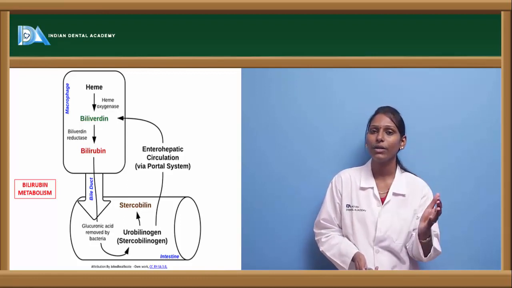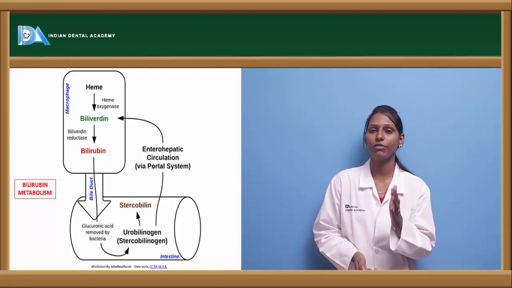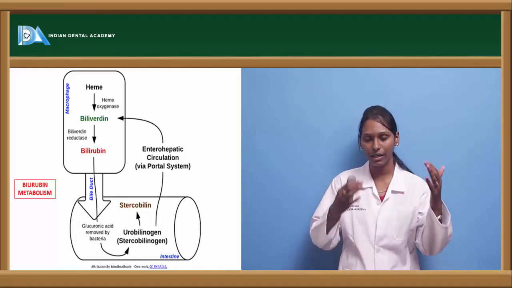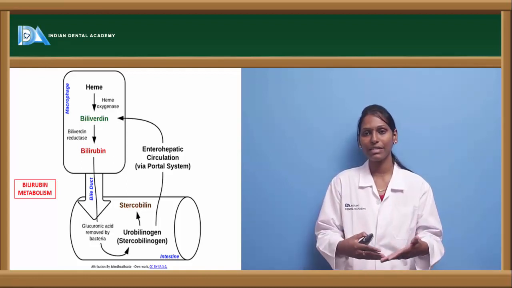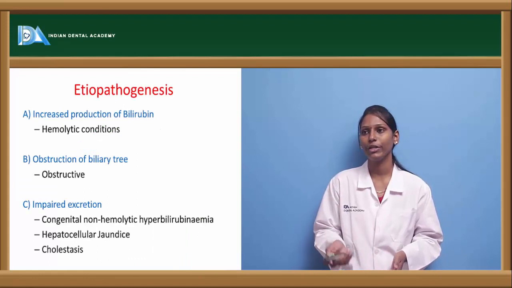So this is the metabolism of bilirubin and the causation of jaundice if there is impaired metabolism of bilirubin.